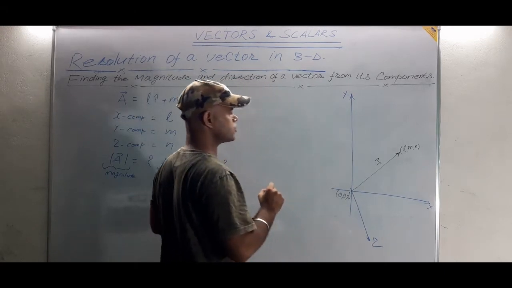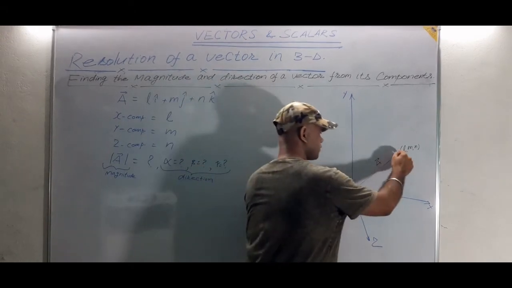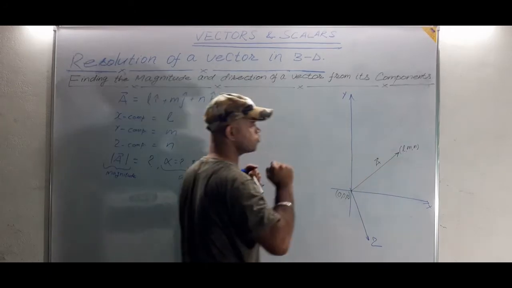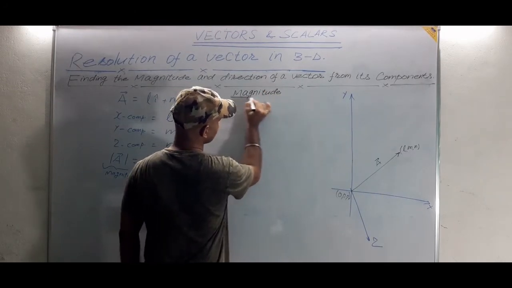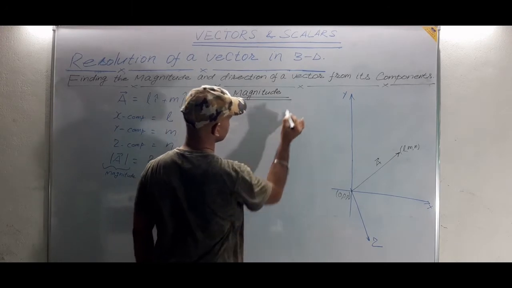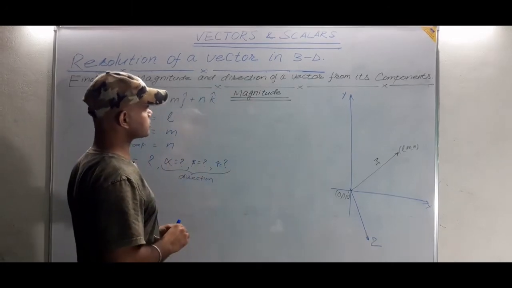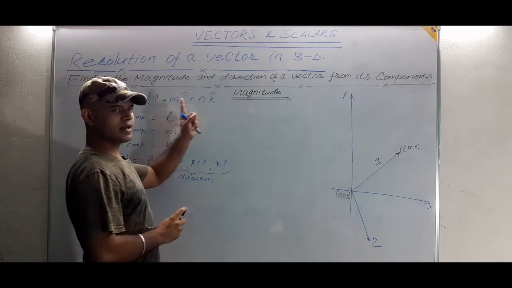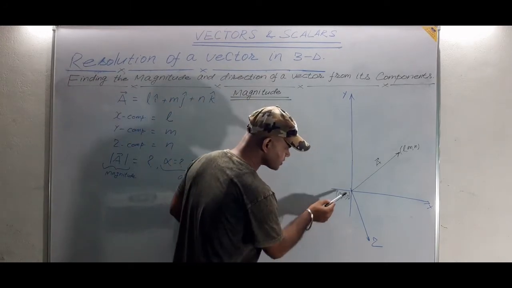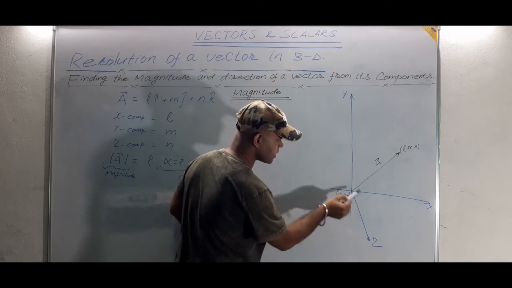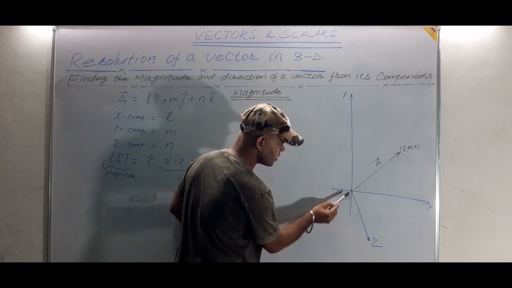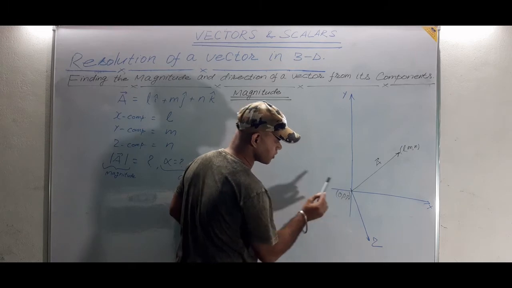Now we are going to calculate the length of this arrow, means the magnitude of the vector. So first of all, we are going to calculate the magnitude of the vector whose components are given as L, M and N. So see here, this is the origin of this rectangular coordinate system. Its coordinates are 0, 0, 0.